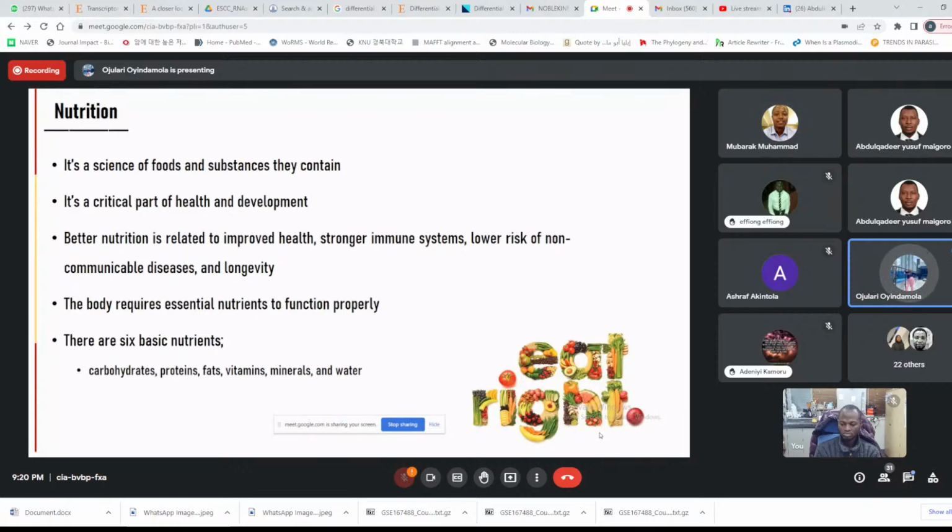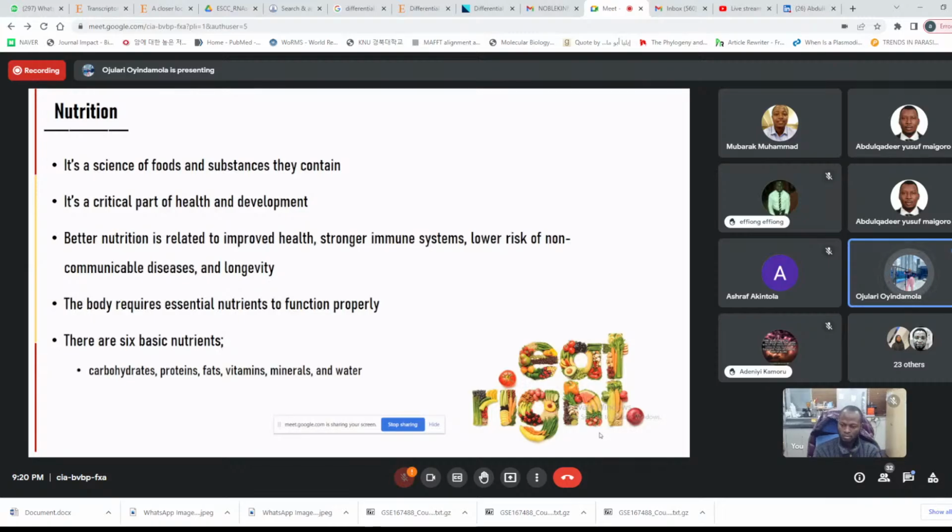What we consume can make or mar our immune system, and how active our immune system is, how it responds to viruses and all of those things. So for our body to function properly, it requires essential nutrients.